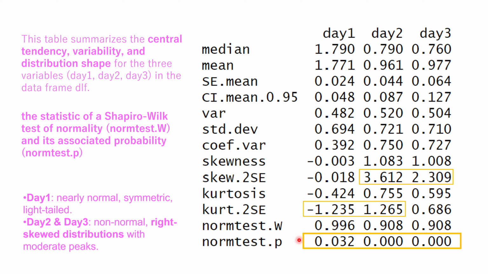So in that test, this is not normal. But if we have a large sample size, then the Shapiro-Wilk test is very sensitive, and we easily get a non-normal result. The p-value is very small.